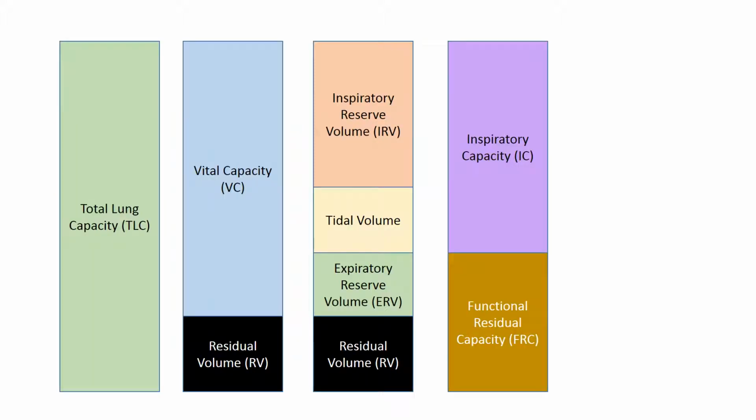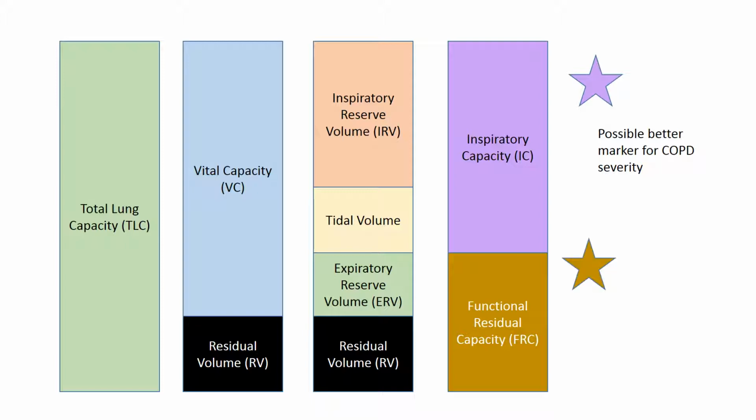We can also think of splitting total lung capacity into the inspiratory capacity, IC, and the functional residual capacity, FRC. Inspiratory capacity is that amount of air that can be voluntarily inhaled. There are some studies to suggest that this might be a better marker for COPD severity.